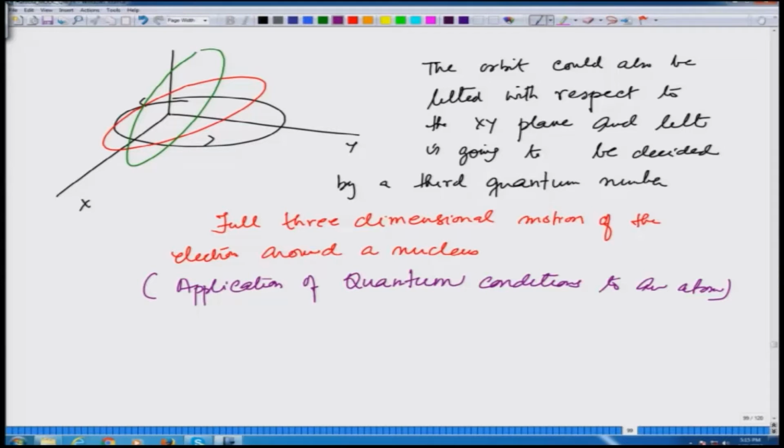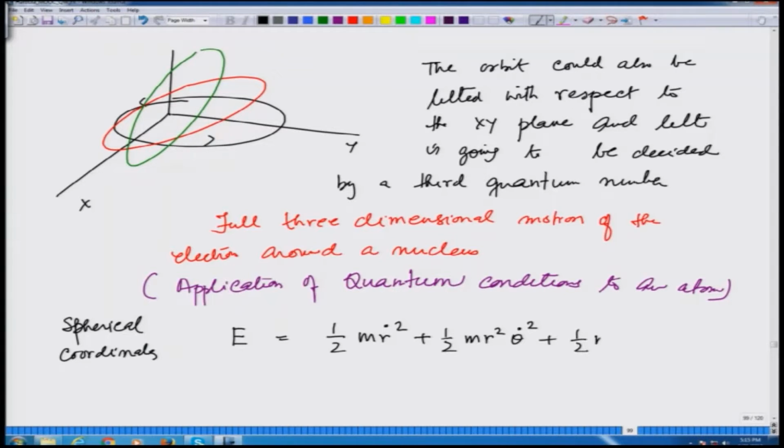So, in this case I am going to use spherical coordinates, and the energy E is going to be given by 1/2 m r-dot squared plus 1/2 m r² theta-dot squared plus 1/2 m r² sin²theta phi-dot squared minus k divided by r.